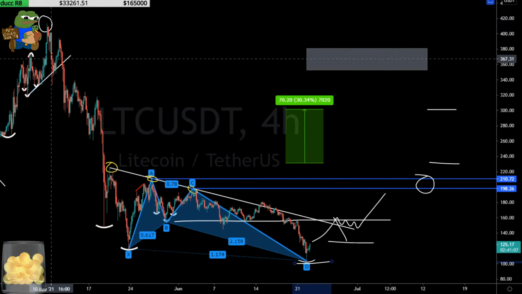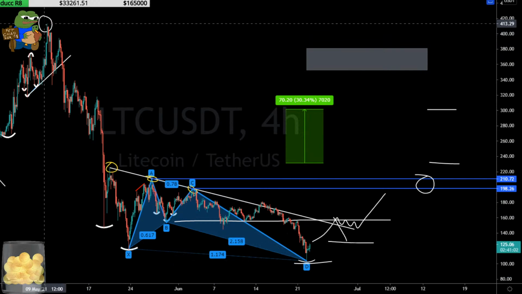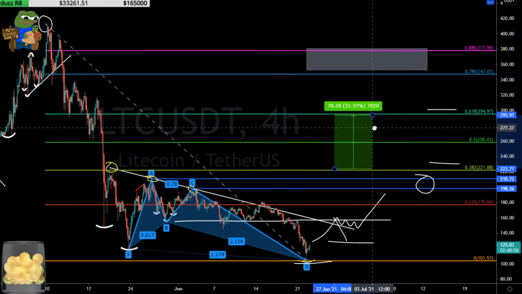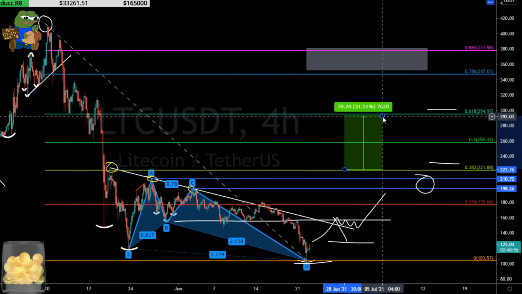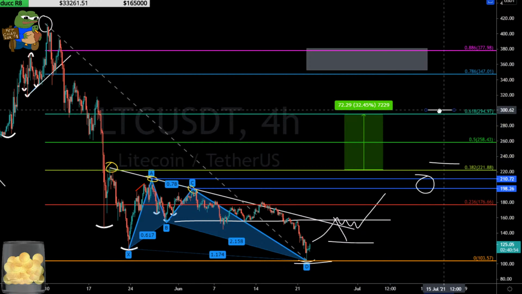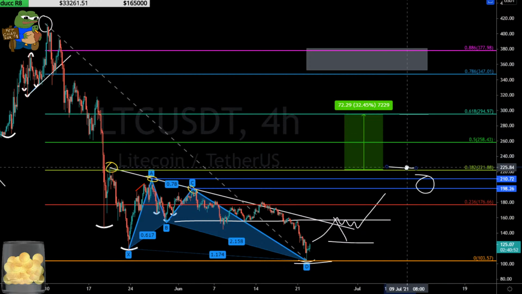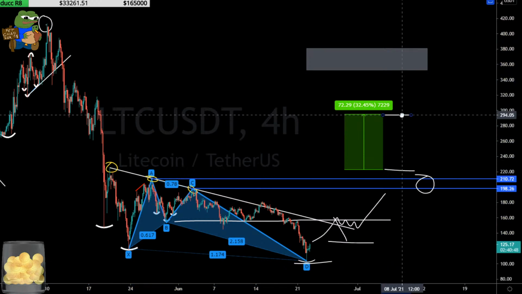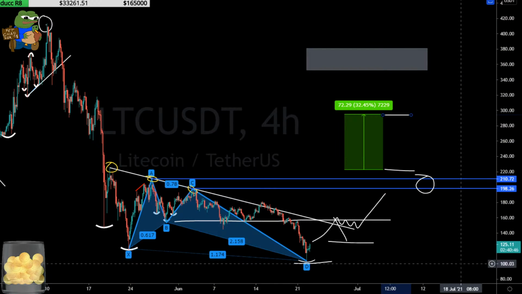All right, let's maybe adjust that just a tweak, because we did just paint a slightly lower low. So your golden zone would now be here. Okay, it's still 220 to 294. Basically, it's still right at that 300 area on the top side. Okay, so let's see what Litecoin can do.